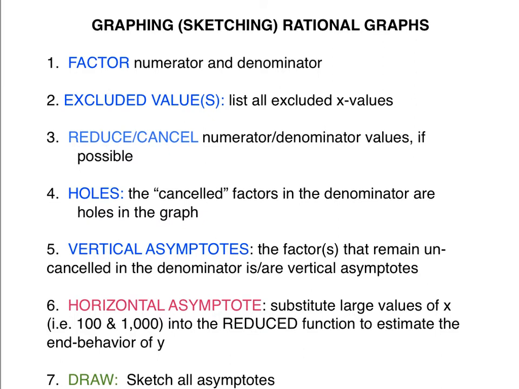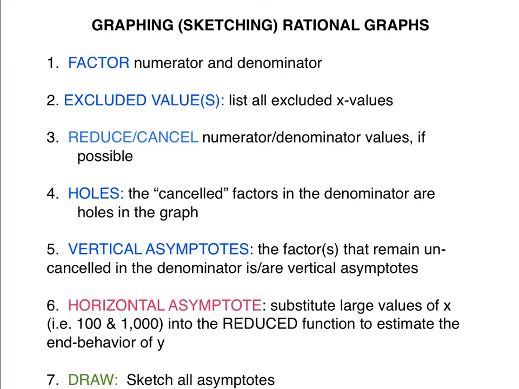So here is the overall process we're going to use to sketch our rational graphs. The first step will be to factor both the numerator and denominator. Then we'll want to identify the excluded values based on the denominator. We're going to want to reduce or cancel any factors on the top and the bottom that are the same, if possible. This doesn't happen too often, but it could.